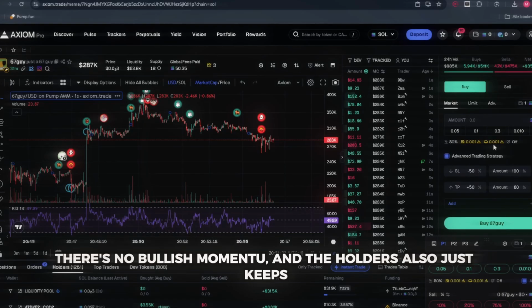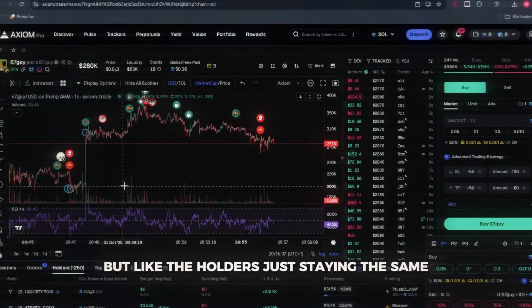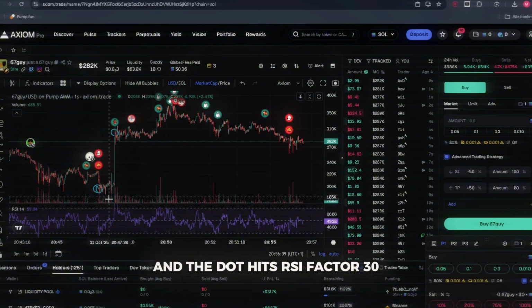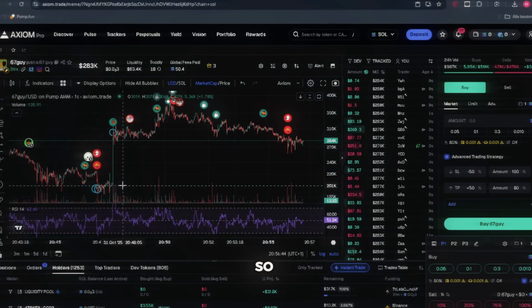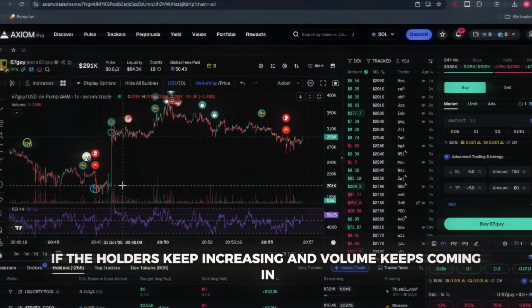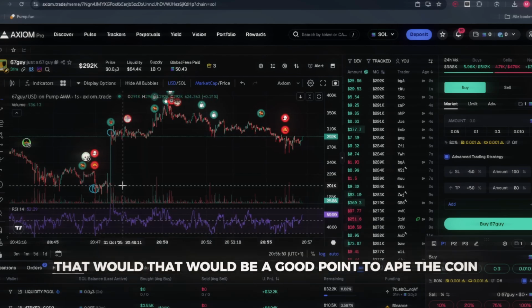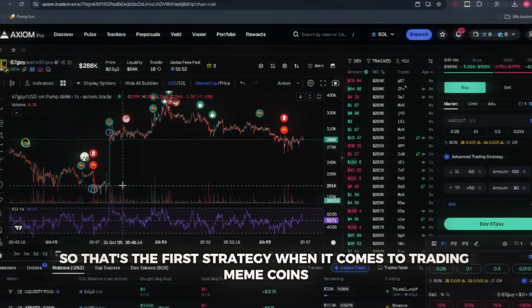If the holders just stay the same and the dot hits the RSI factor 30, the price can go even further down. In that scenario you shouldn't buy. But if the holders keep increasing and volume keeps coming in, that would be a good point to ape the coin. So that's the first strategy when it comes to trading meme coins.